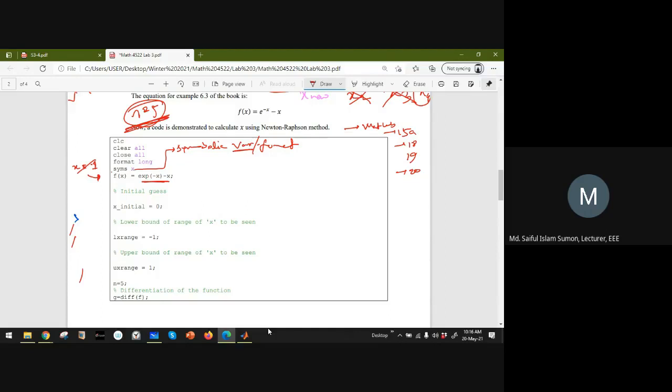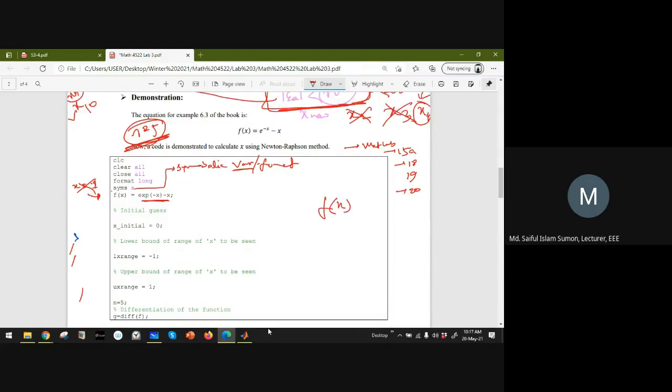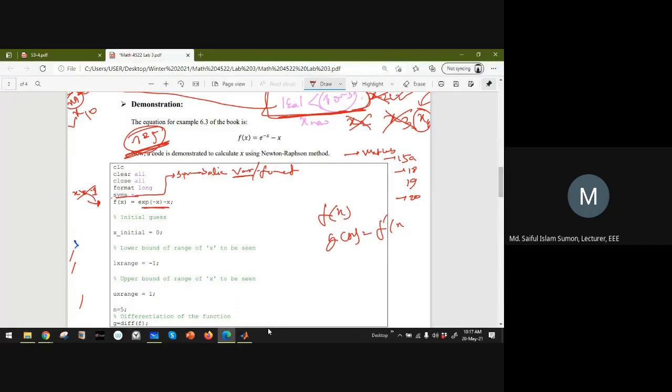I want my x to be one variable so that I can differentiate it, and so that I can utilize both f(x) and g(x), that means the derivative of f(x). That's why syms x has been used. It will give us a symbolic variable or symbolic function. For a more elaborate answer, you can simply search in your MATLAB. That will give you a very nice elaboration. For now, it's okay to understand up to this portion.